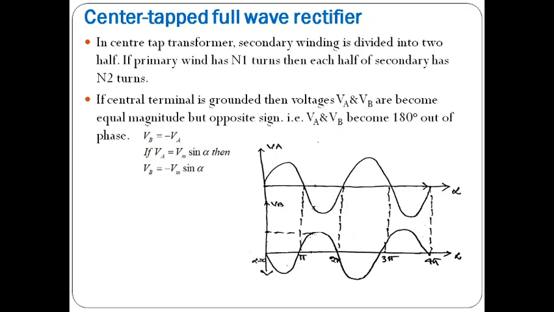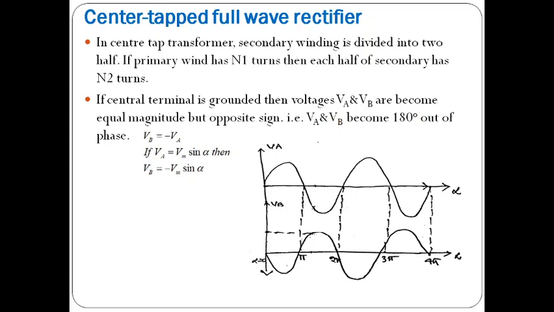In this center tapped transformer, the secondary winding is divided into two halves. If the primary winding has N1 turns and each half of the secondary winding has N2 turns, there is a condition: N1 is greater than N2.